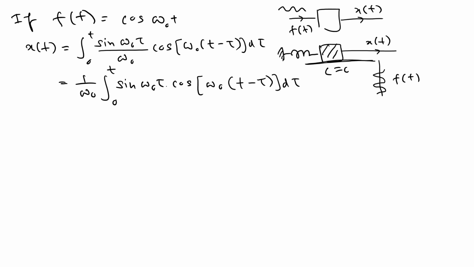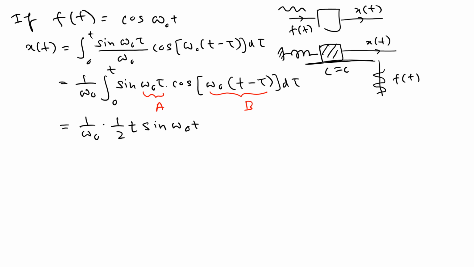What we normally do is pick this function as a and this whole function as b and use the trigonometric identity. We did the exact same problem a few minutes ago. So what was our solution? Our solution was one half t sine omega naught t.